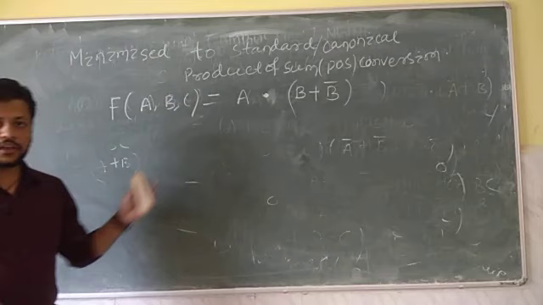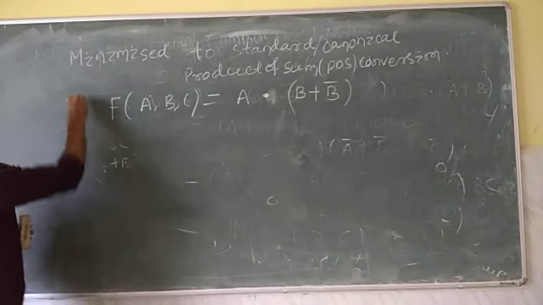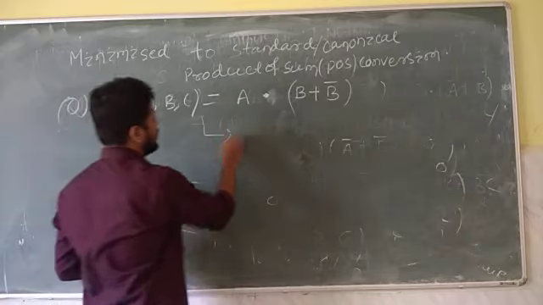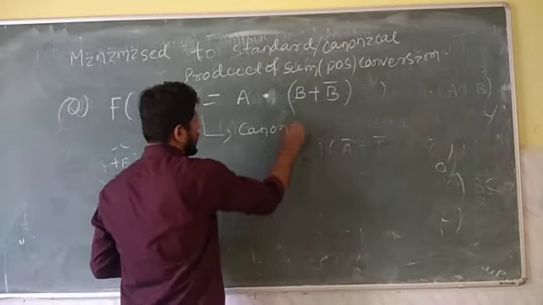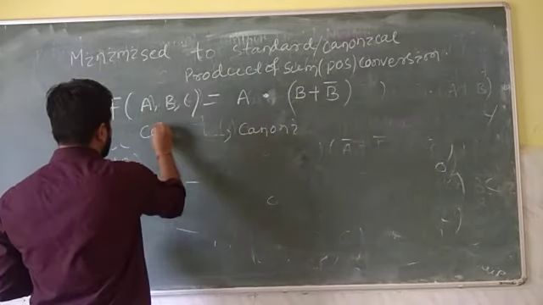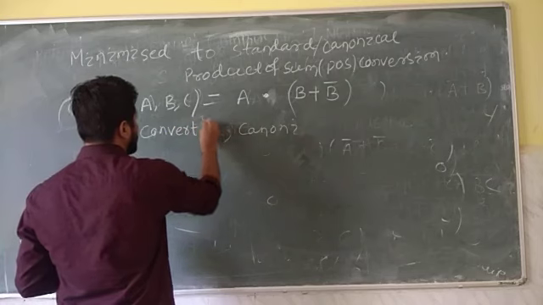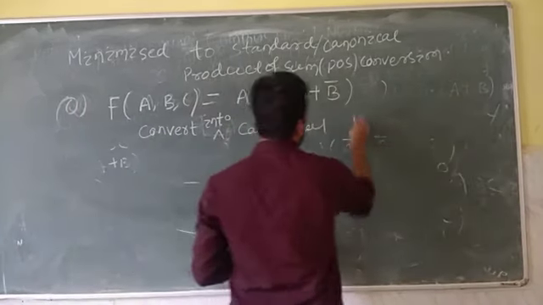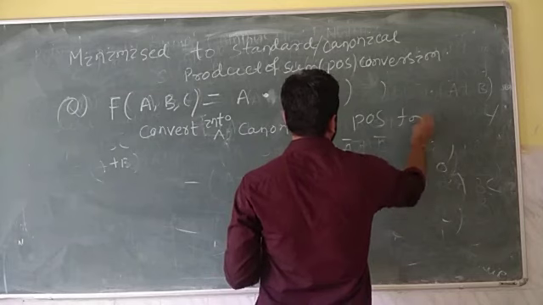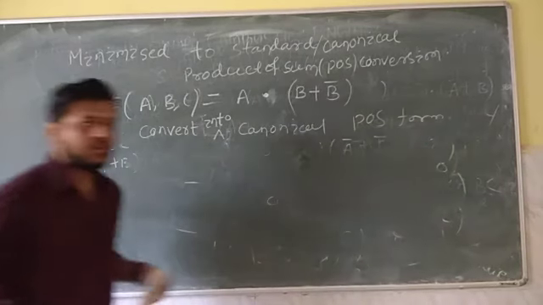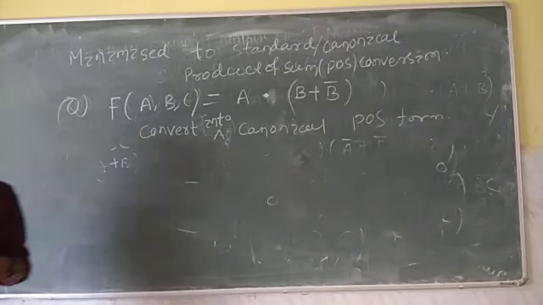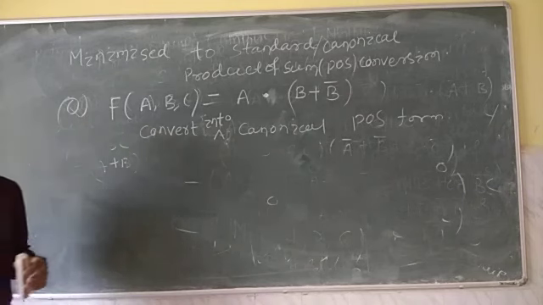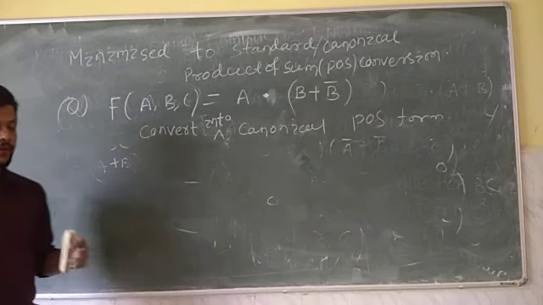A minimized expression is given, and you need to convert this minimized expression into canonical product of sum form. So this is very, very important. They will ask a 5-mark question: convert from minimized to sum of product or minimized to product of sum, canonical product of sum form or standard form.